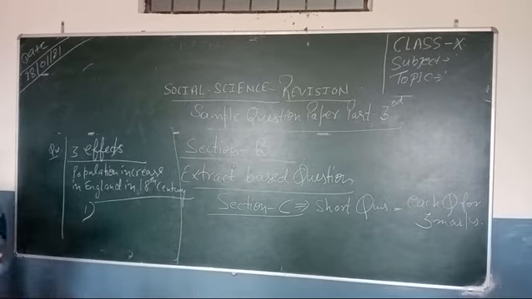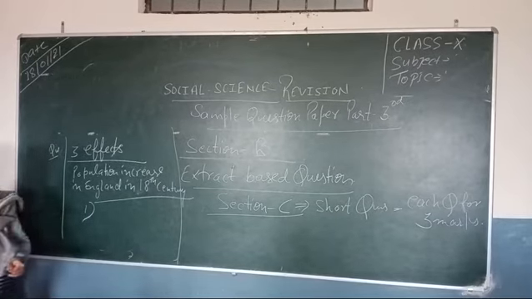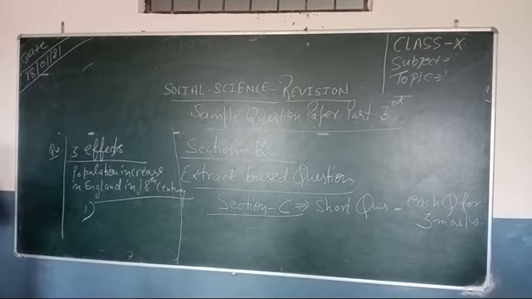The 3 effects of population increase in England during the 18th century: first of all, the major crisis of food, unavailability of food, or you can say food shortage.